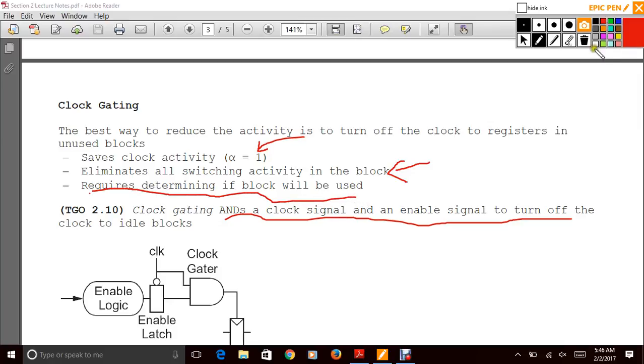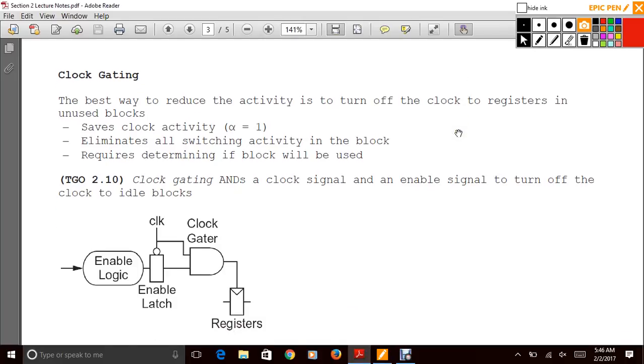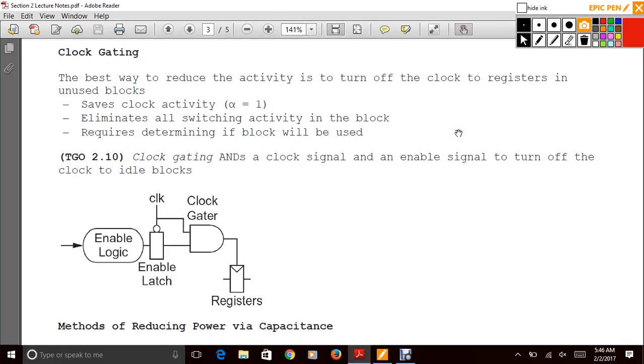Well, if we're going to determine whether the block's going to be used, we actually have to build more circuitry into the circuit. So this is another trade-off that you have to be conscious of as we get into low power design. In order to get around the fact that power and frequency are proportional, we have to be very conscious that you add circuitry to reduce power consumption in other areas.